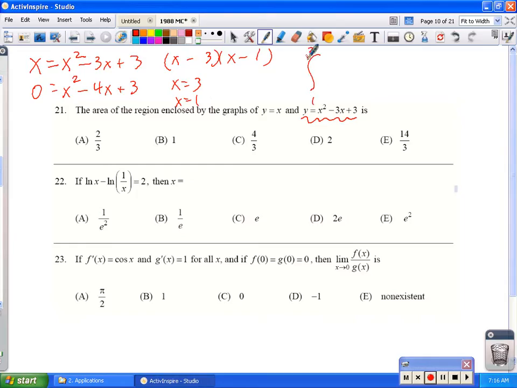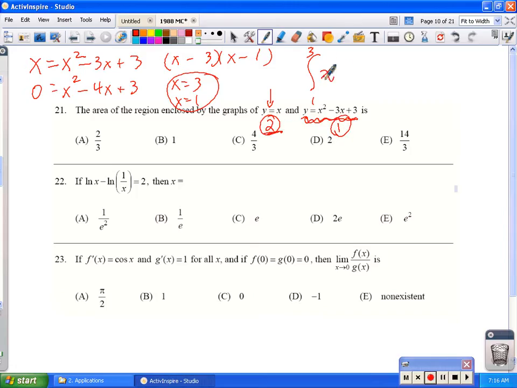Now, I need the top curve and the bottom curve. I'm going to choose a number between 3 and 1, and I'm going to plug it into each function and see which gives me a larger output. If I plug 2 into this function, then the output is a 2. If I plug 2 into the parabola function, I'll get an output of 1. So the line is actually on top.